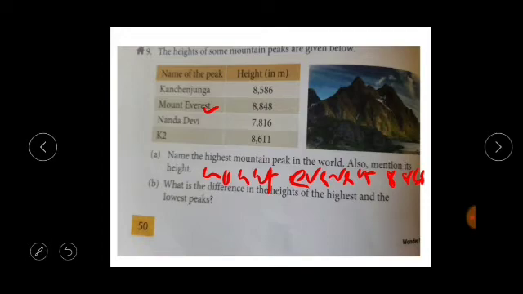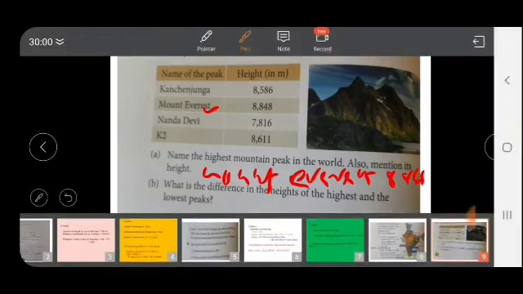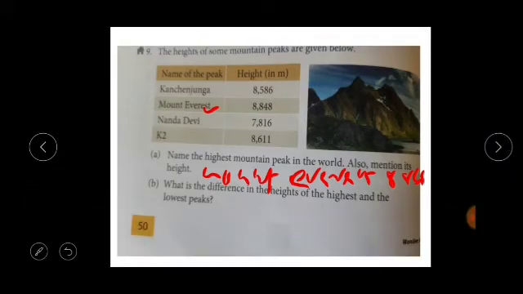Next, what is the difference between the heights of the highest peak and the lowest peak? Highest peak is 8,848. Difference is asked. The lowest peak is 7,860. So 8,848 minus 7,860. That you have to write. Okay.